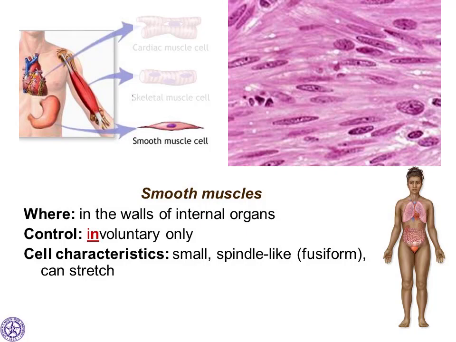Now we have a completely different shape. And the shape of our smooth muscle are said to be spindle-like or fusiform. Two terms that you rarely will ever use in our modern society. Basically, these shapes are rounded in the middle and tapered on both ends.